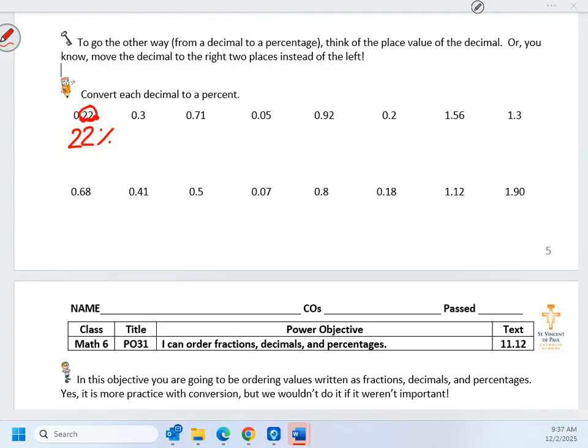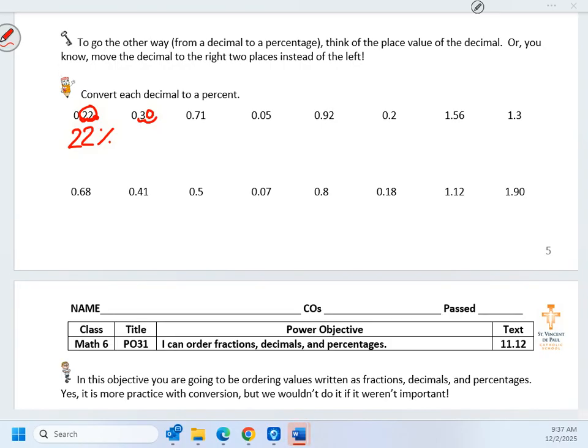22 hundredths is 22%. We look at 0.3, uh-oh, there's nothing in my magic number hundredth place. What do I do? Matt, we add a 0 to it because we have to move that decimal point over 2 places.